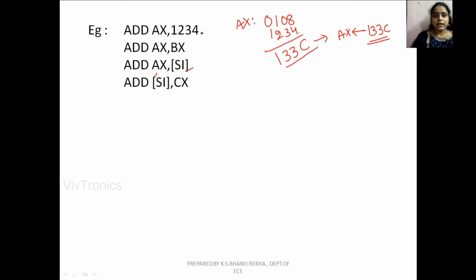So you can add any immediate number. This is immediate addressing. You can add any immediate number to a register, and also ADD AX comma BX, where two registers are involved, and ADD AX comma content of SI. Generally an index register indicates a memory location, so you can consider this as a memory location.